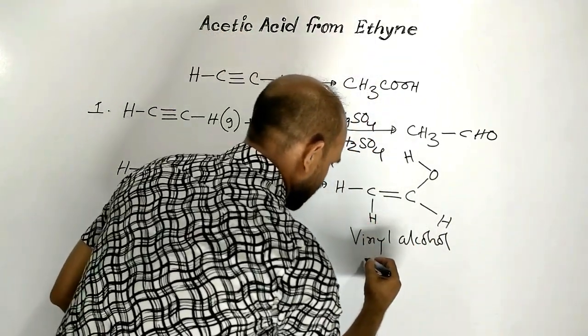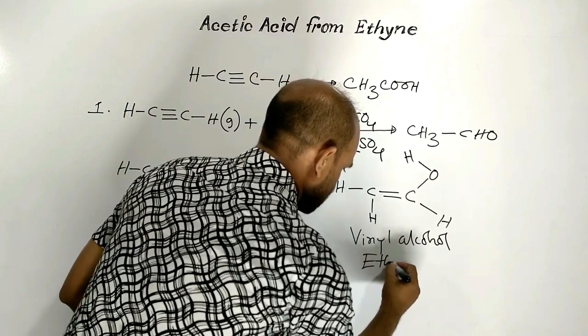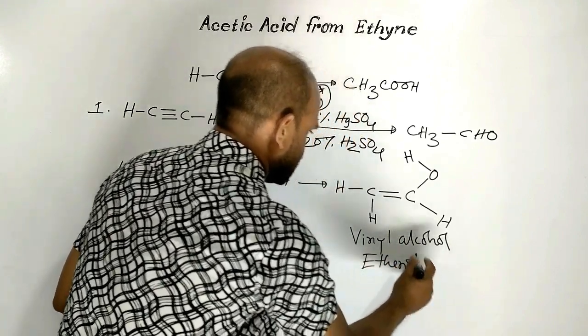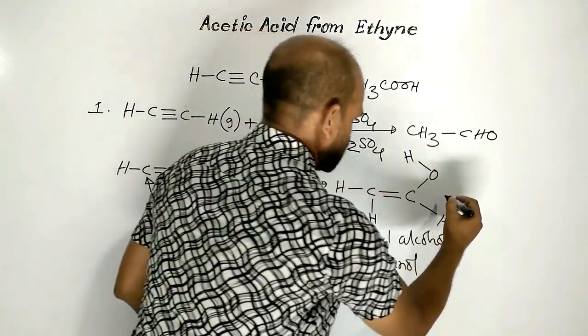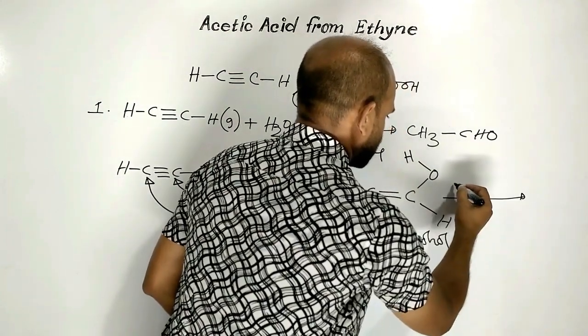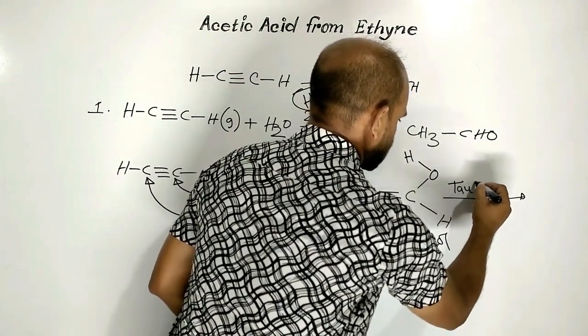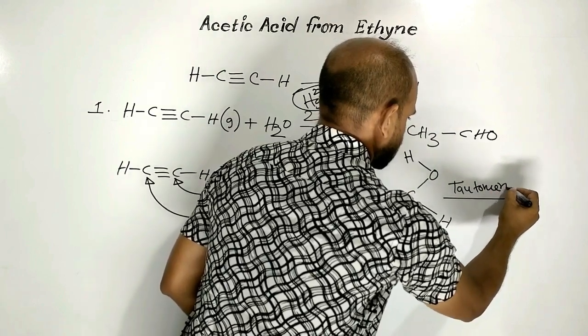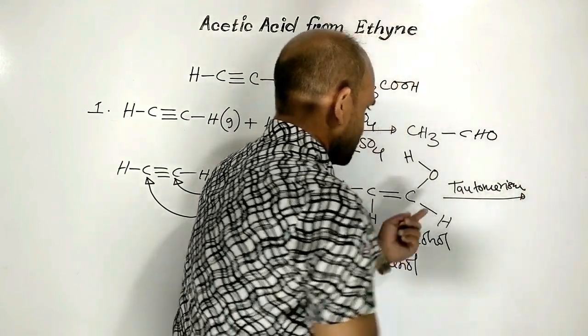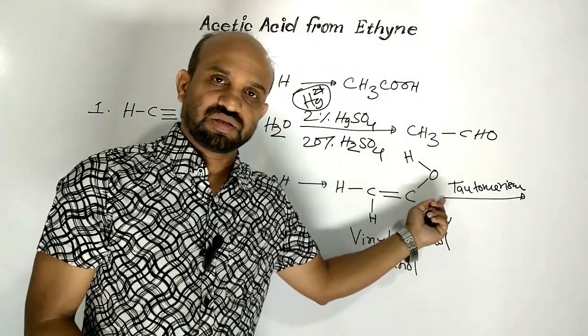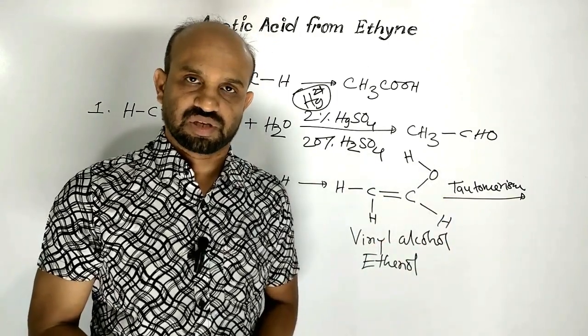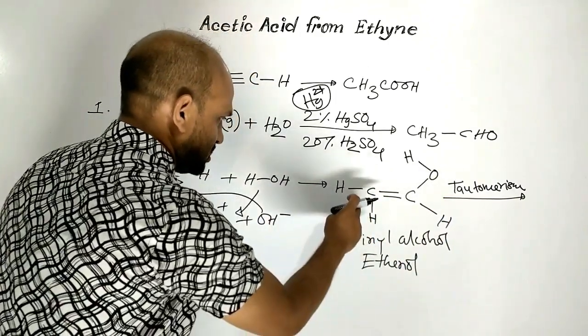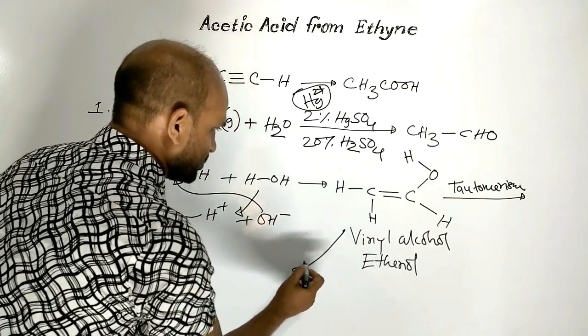Now, this vinyl alcohol undergoes tautomerism. Tautomerism has been discussed in detail in isomerism section. Here, it undergoes tautomerism in this way.